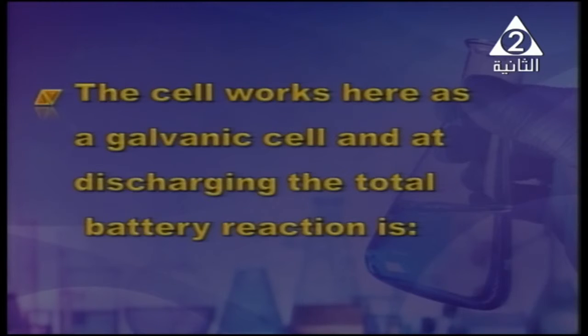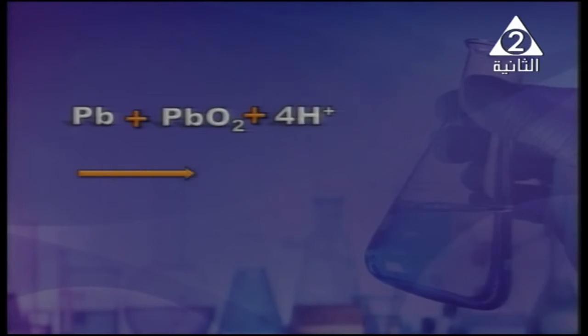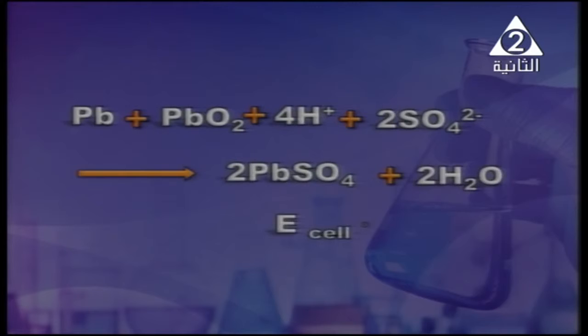The cell works here as a galvanic cell, and at discharging, the total battery reaction is Pb plus PbO2 plus 4H positive plus 2SO4 power negative 2 to give 2PbSO4 plus 2H2O, and the E cell equals 2.05 volt, approximately 2 volt.